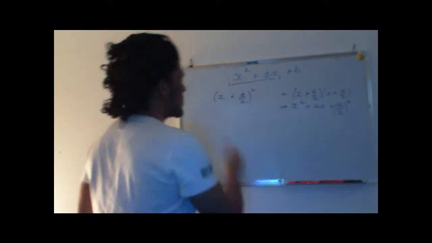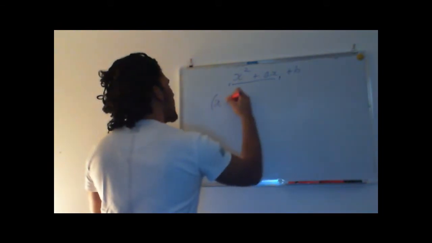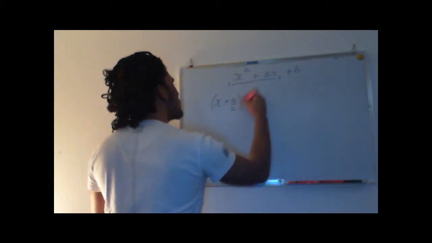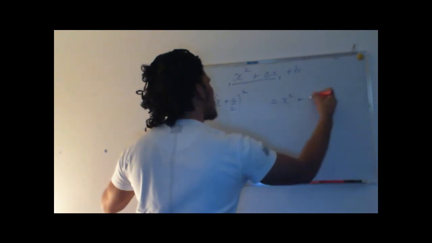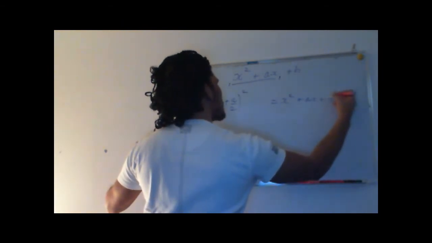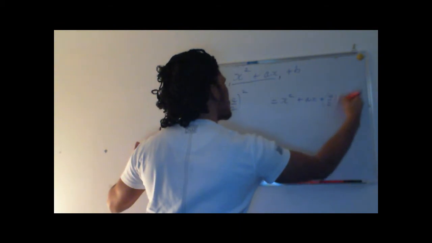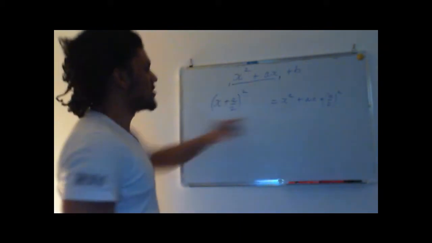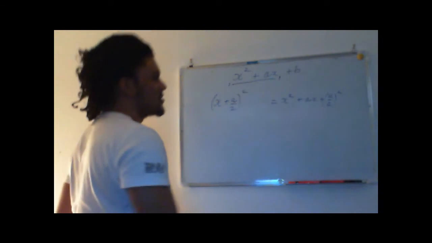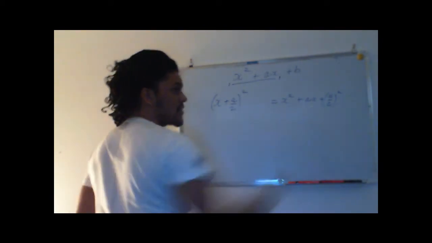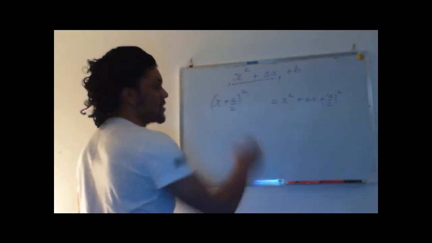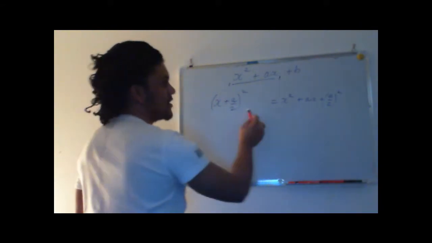So consider the equation x plus a over 2, squared, equals x squared plus ax plus a over 2 squared. Now we're going to manipulate this to be the same as that, so we have to take away a over 2 squared from both sides.